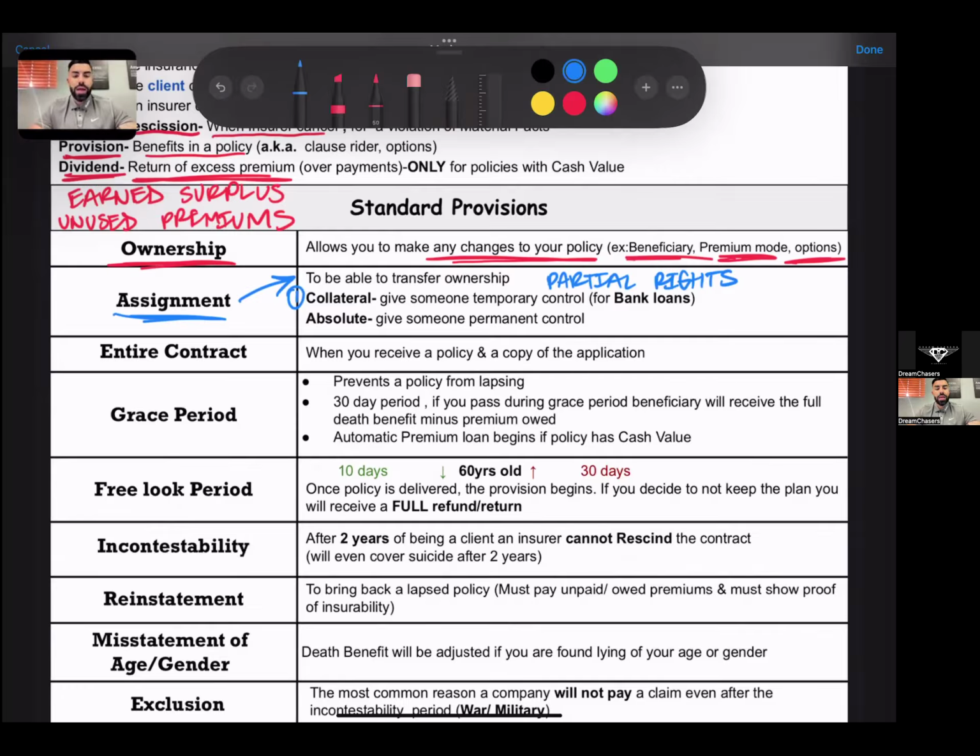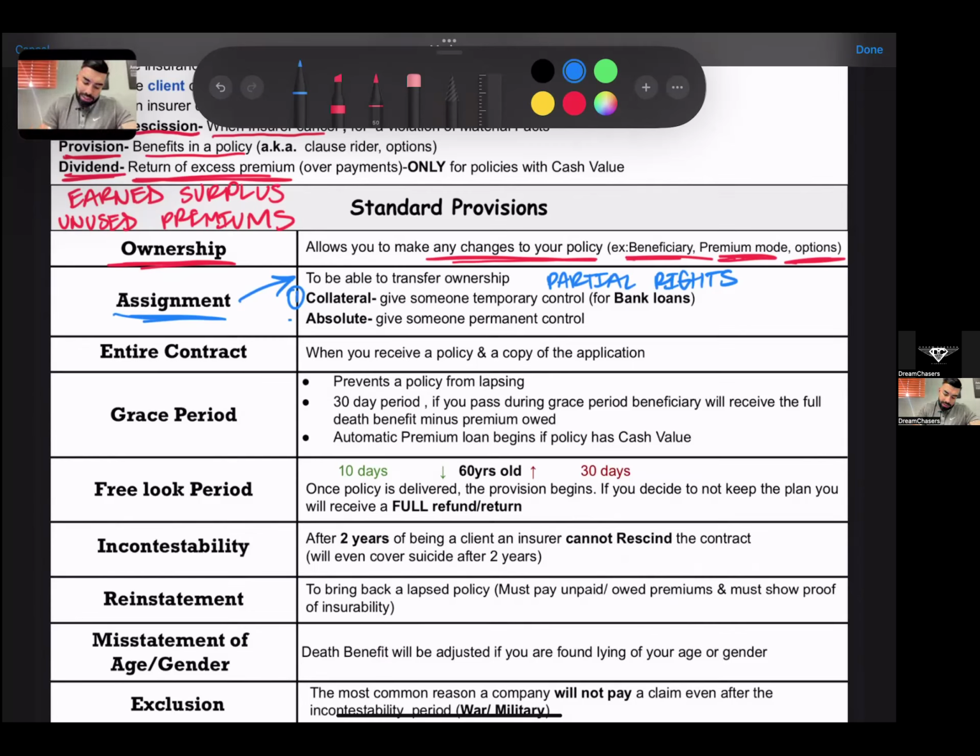So what I can do is give you collateral assignment of my policy. I can give up partial rights, meaning I put them as a beneficiary for 250,000 so that if I pass away, they get their money back. That would be a type of collateral assignment where I'm giving up partial rights of my policy.